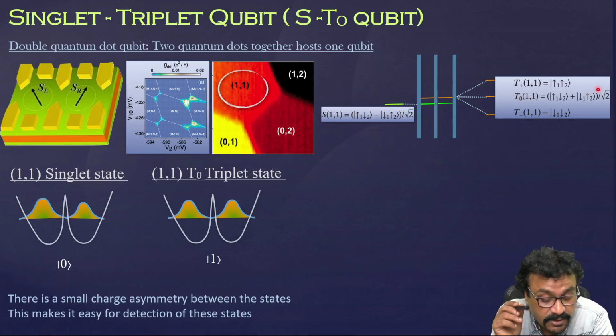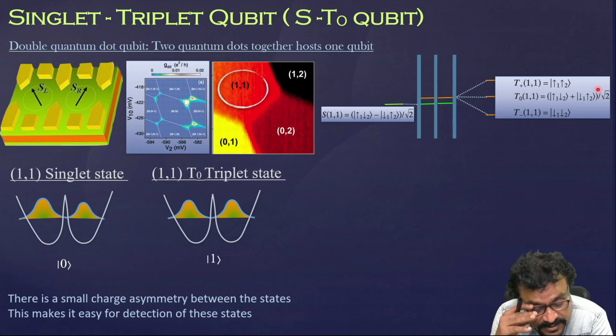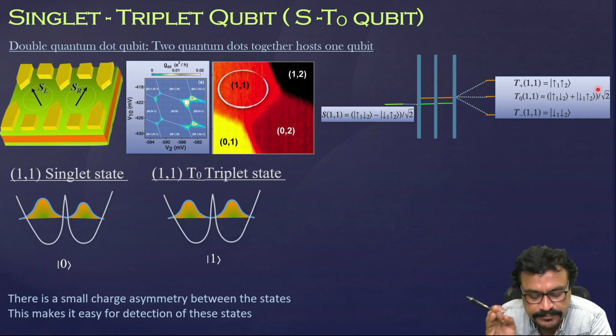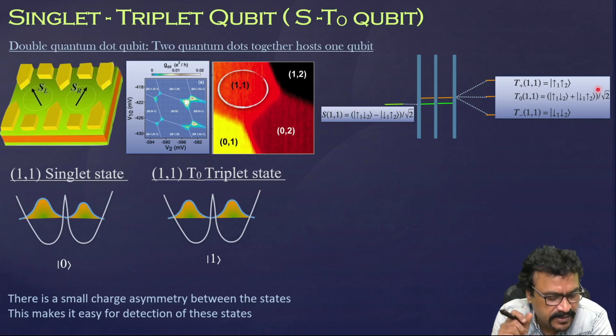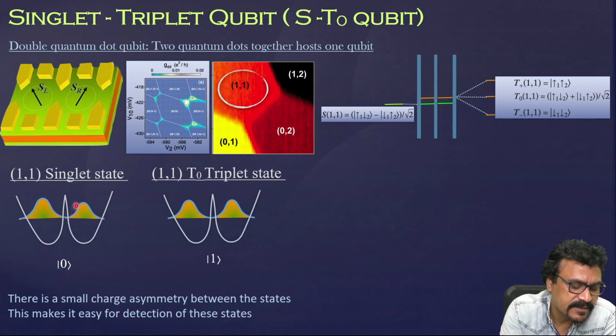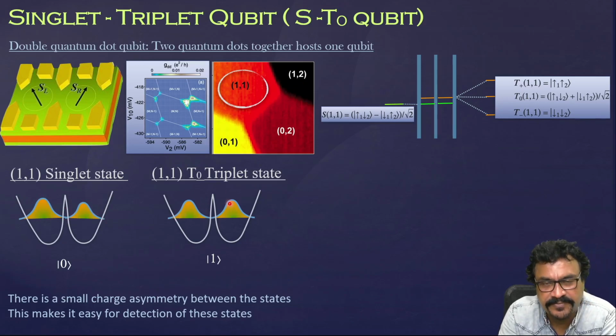So, they are actually not only the spin states different, but they are also slightly different in charge configurations too. Singlet state has a skewness in the charge distribution, that means it's more weighted towards one dot, whereas the triplet state is symmetric. Okay.